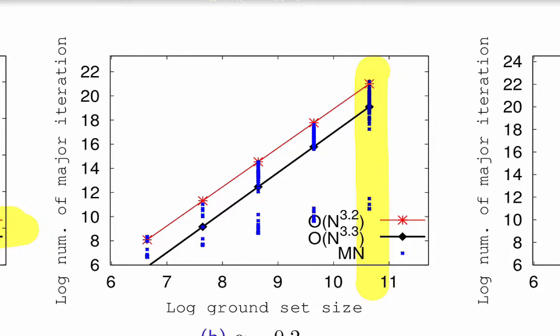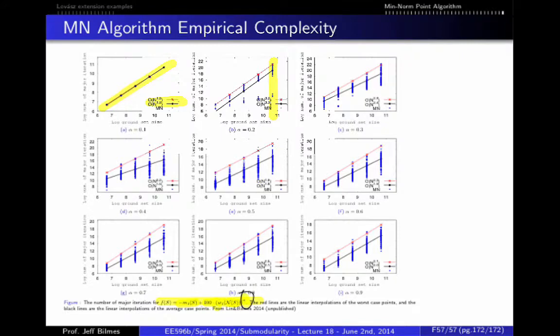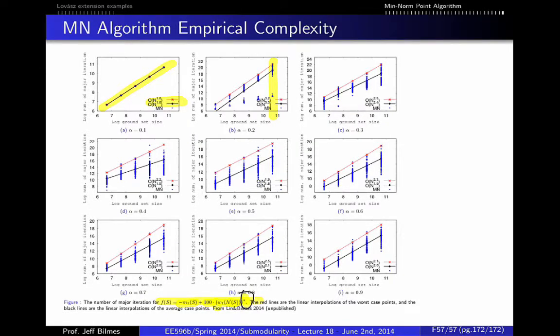So this suggests that it's approaching the complexity of the combinatorial algorithms for certain submodular functions. You can see on this slide that there are some other ones as well. The worst case we could find was about n to the 6.3, but it seems to suggest that the min-norm algorithm is not n to the fourth, at least empirically.